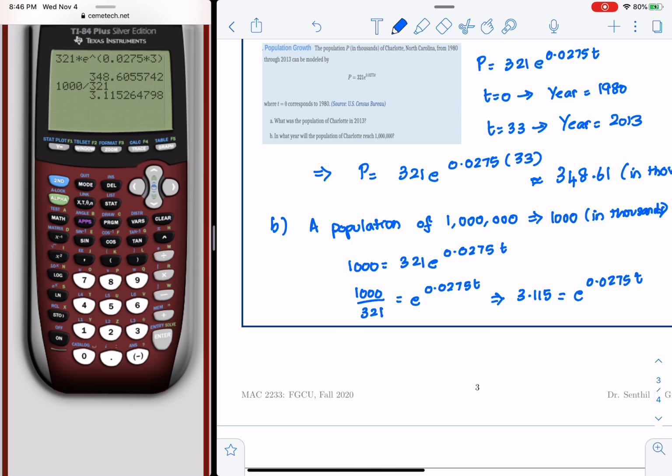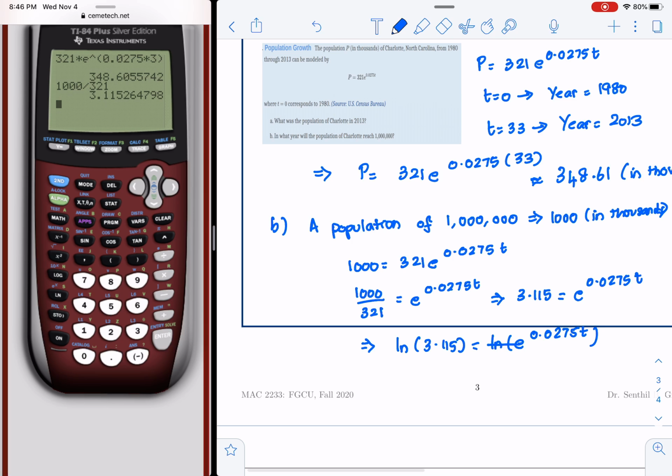Note that that is an exponential equation, and we have to take the natural logarithm on both sides to solve. So ln of 3.115 would be equal to ln e raised 0.0275t.